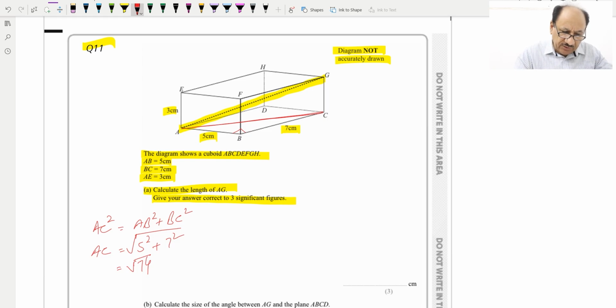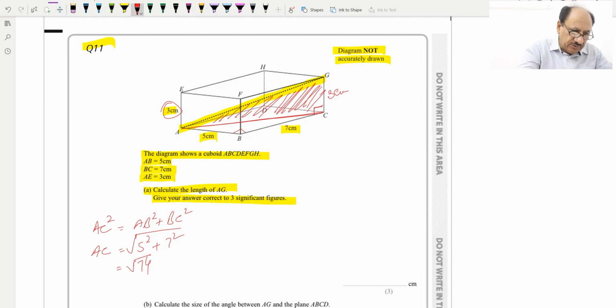Now after finding AC, our ultimate goal is to find AG. So AE is 3 centimeters, it means CG will also be 3 centimeters, and now we can consider this triangle, ACG, and C angle will be a right angle. So in this right angle triangle we can apply Pythagoras theorem.